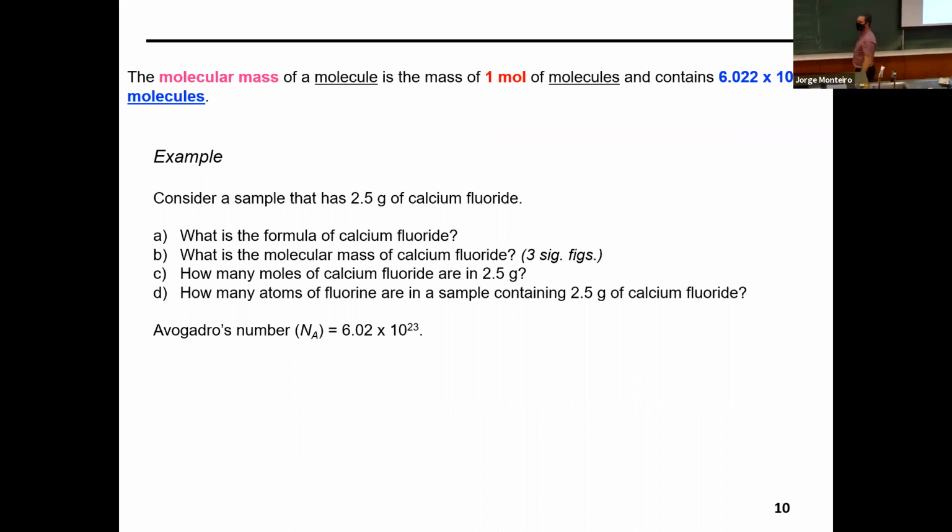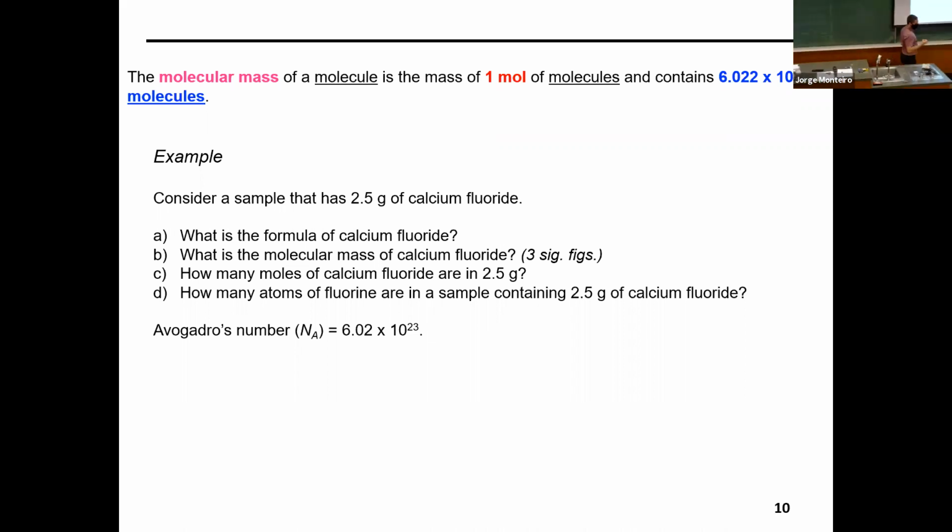Calcium is in group 2, therefore it's a 2 plus charge, and fluorine right here on top of group 17, so therefore -1 charge. So we're going to combine cation with anion, cross the charges, and that will give you the formula for calcium fluoride. It's CaF2.